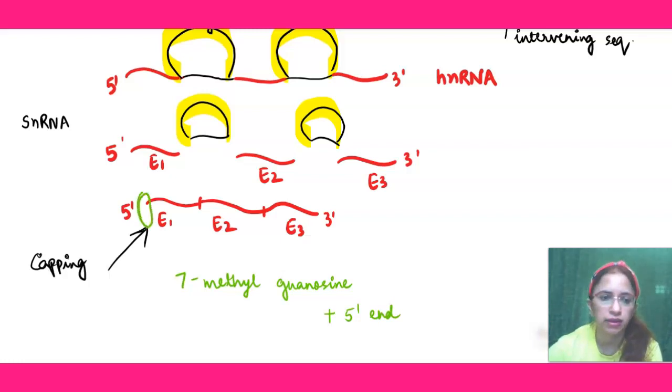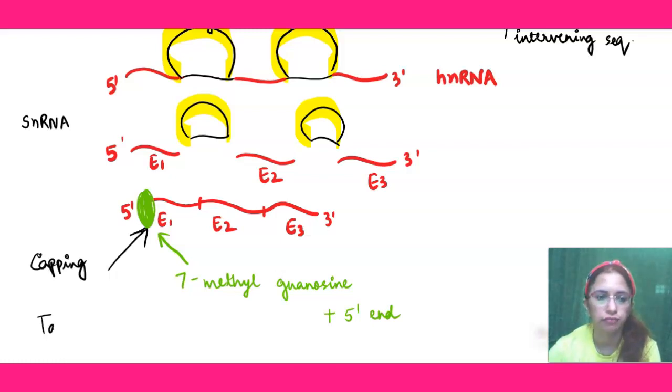Means here at the 5' end, this is going to attach, and this will act as a cap so that enzymes should not recognize it, and it will be protected. It will further do its part. Now capping is also done.